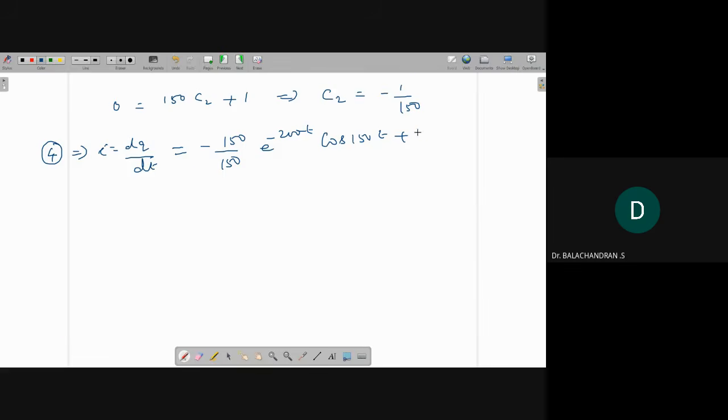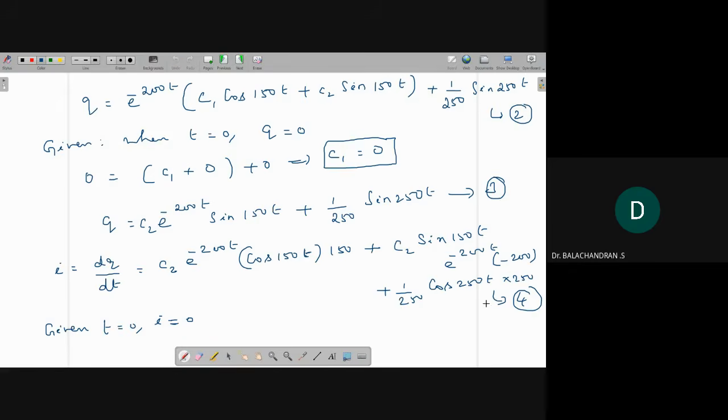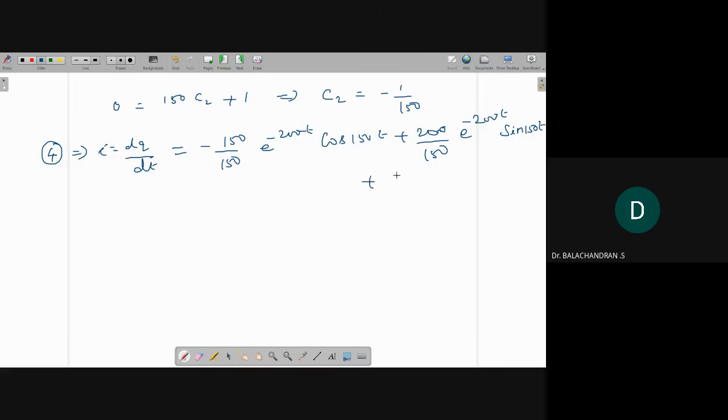So 200 divided by 150 into e power minus 200t into sine 150t. And the last term is 250, 250 gets cancelled, cos 250t.